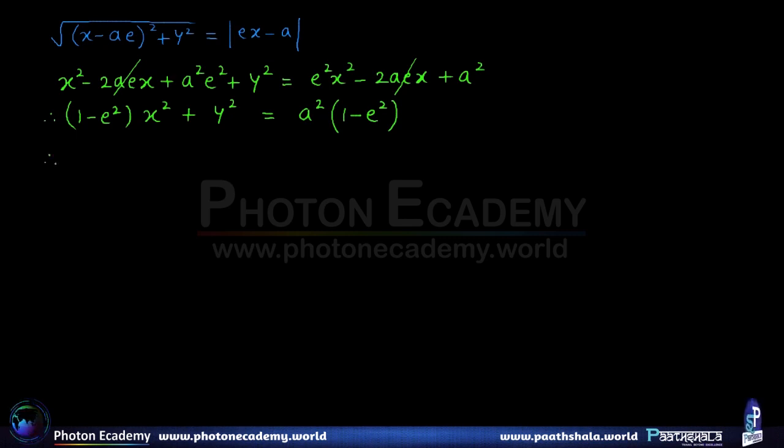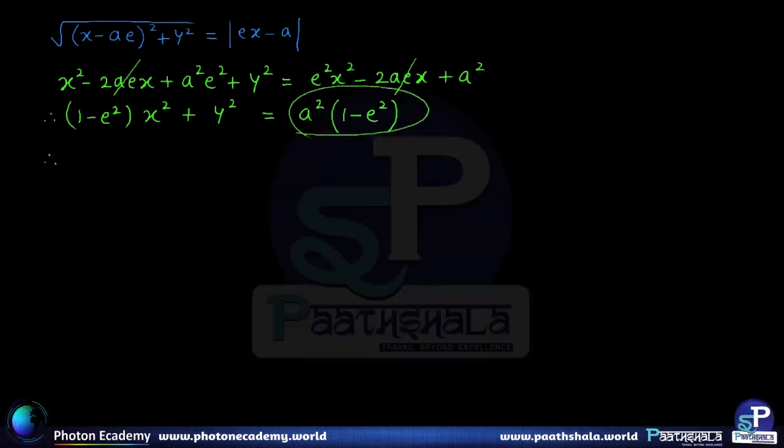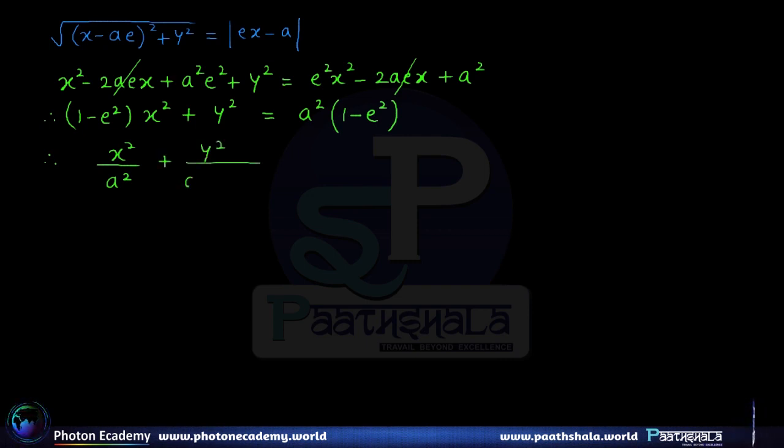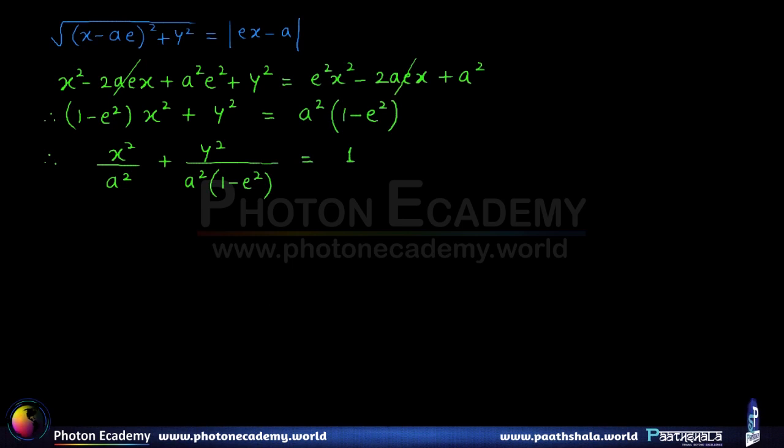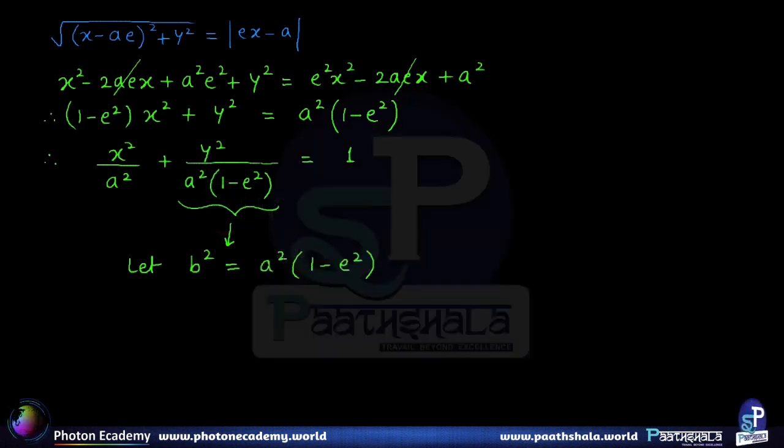And now dividing throughout by the term on the right side, that is A square into (1 minus E square), we will get x square upon A square plus y square upon A square into (1 minus E square) is equal to 1. Right. Now for convenience, let us call this particular denominator as B square. Okay, so therefore we say that let B square represent the expression A square into (1 minus E square).